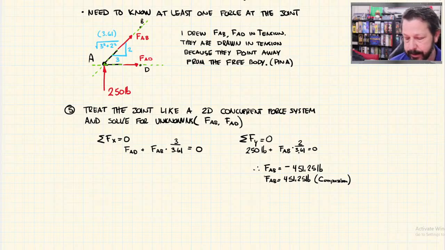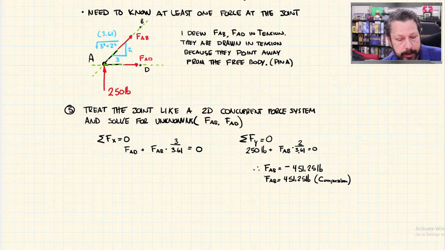I'll spell it out this time. Because it's possible that when you drew your free body diagram that's on the screen here, you knew that it was going to be in compression, and you just went ahead and drew that arrow pointing towards A, which would make it a compressive arrow. And so then yours would come out positive, and positive wouldn't mean tension to you. It would have meant compression.